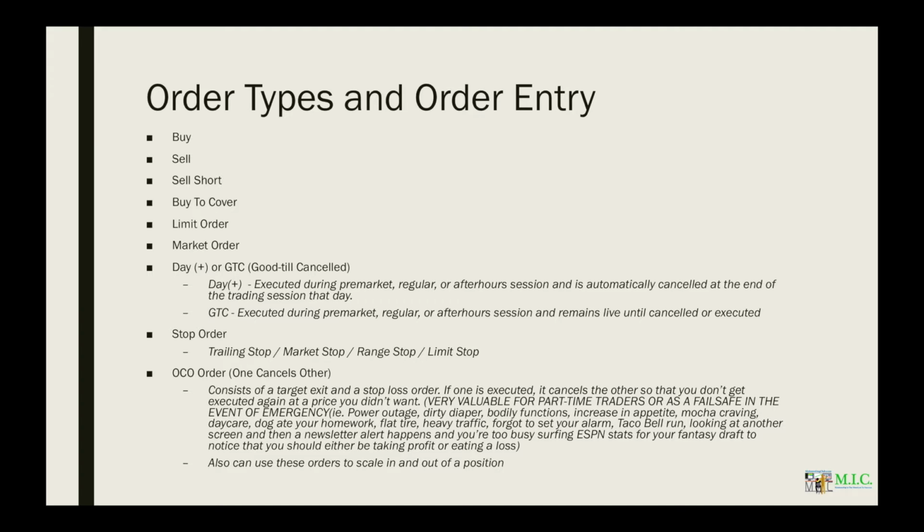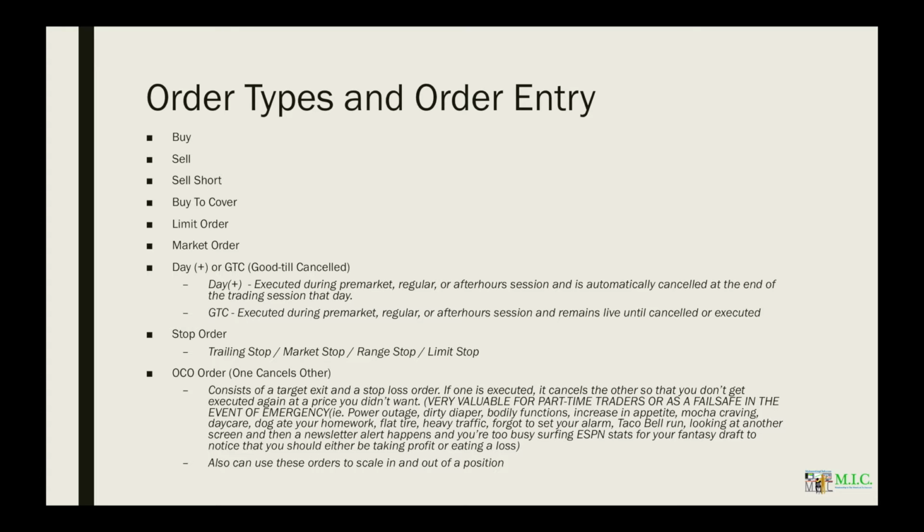Stop orders. There are 4 common types of stop orders. The first one we have is a trailing stop. This is a special type of trade order where the stop loss price is not a set single absolute dollar amount.